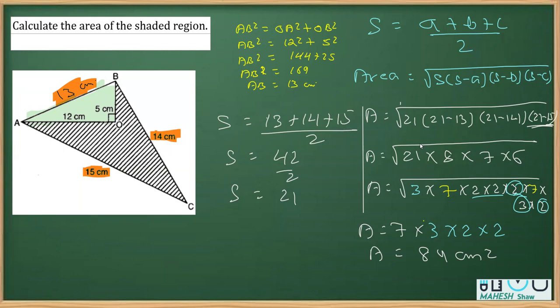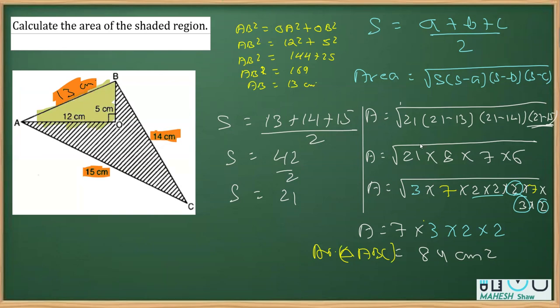So this is the area of the triangle ABC, but we need to get the area of the shaded region. Whatever area we got here is the area of triangle ABC. But as you can see from the figure, from the area of the whole triangle we have to remove the area of this triangle in order to get the area of the shaded region.